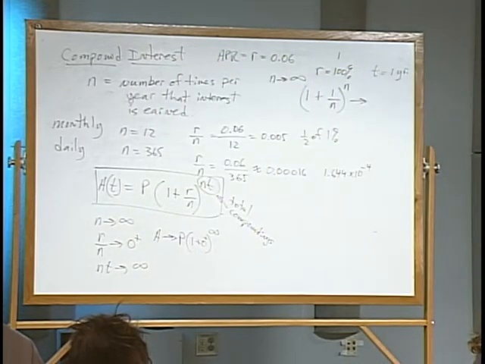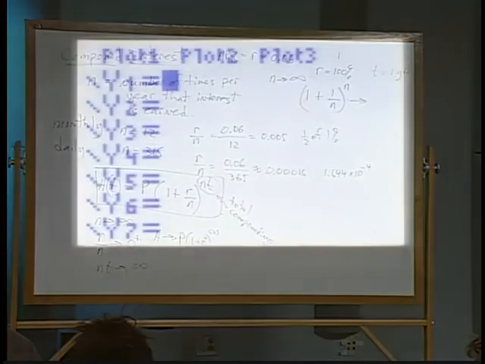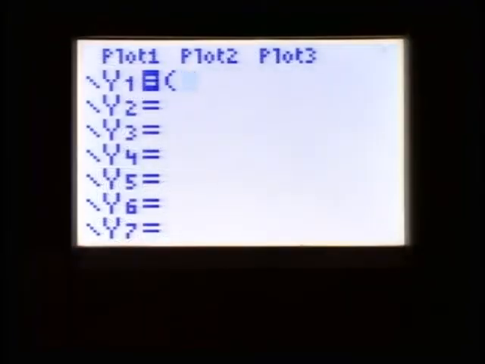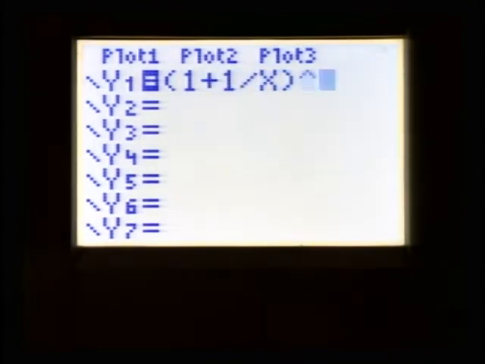So we'll come over to the calculator and go to y equals, and we're going to take this expression in parentheses, 1 plus 1 divided by x, close parentheses, and raise that to the x power. So here's a function stored in the calculator.